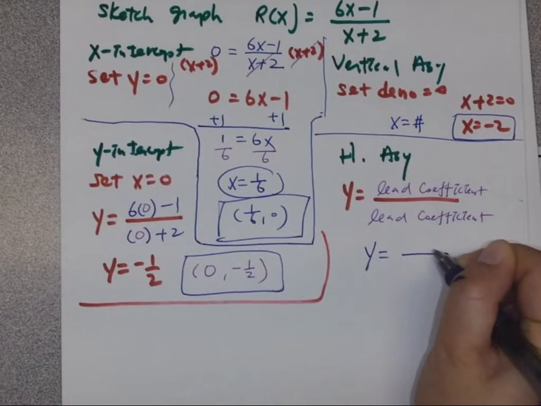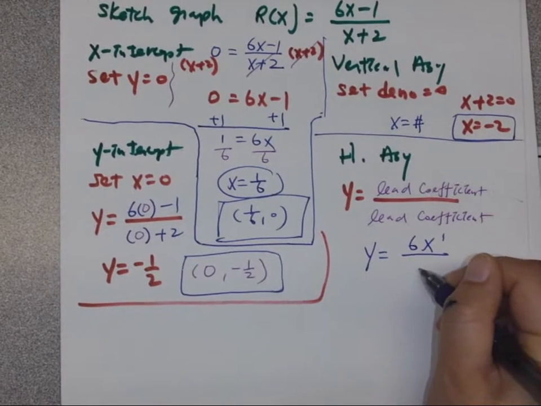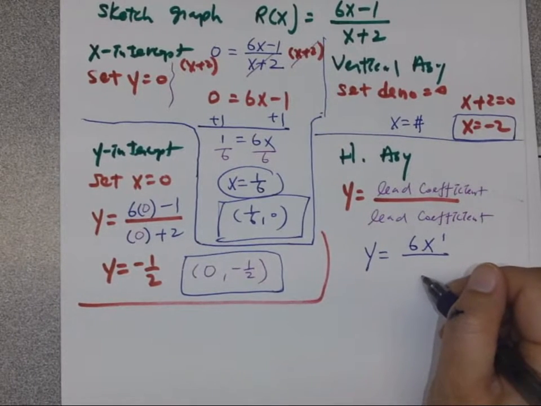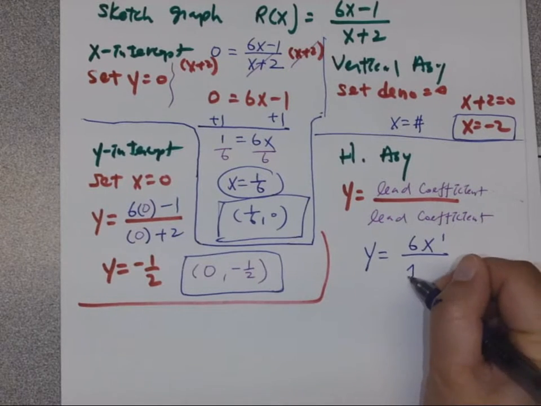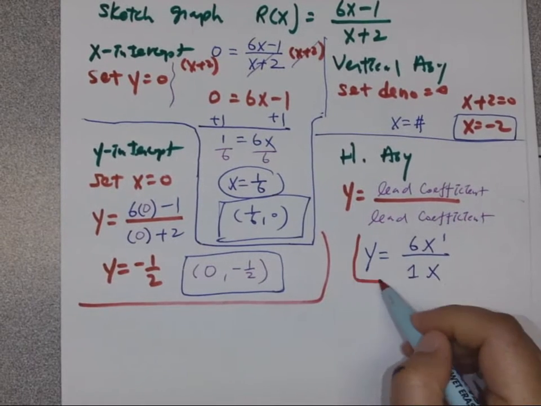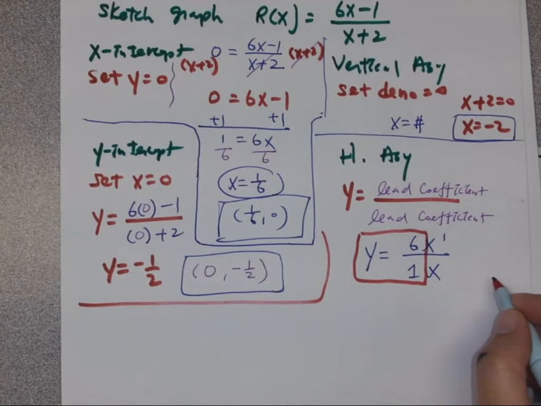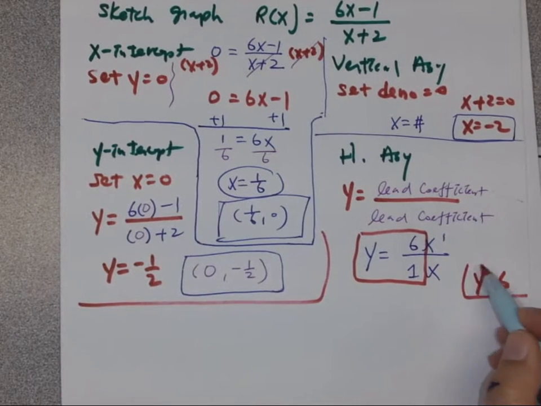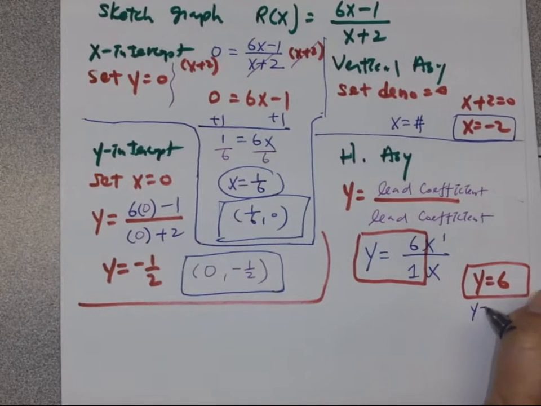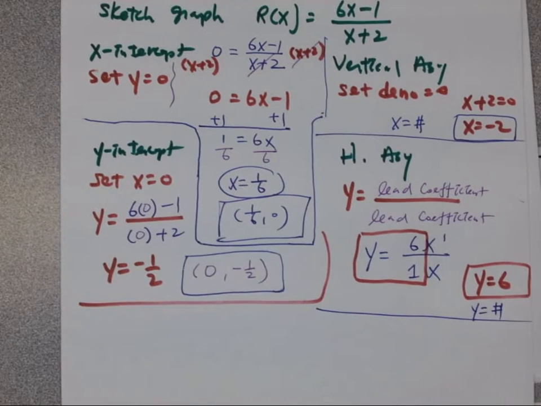So y equal to 6x to the first over, what is the leading coefficient at the bottom? 1x, right? So what is your horizontal asymptote? Y equal to 6. Very good. So y as a horizontal line, which is y equal to a number, right? So using all that, we're going to try to graph it.